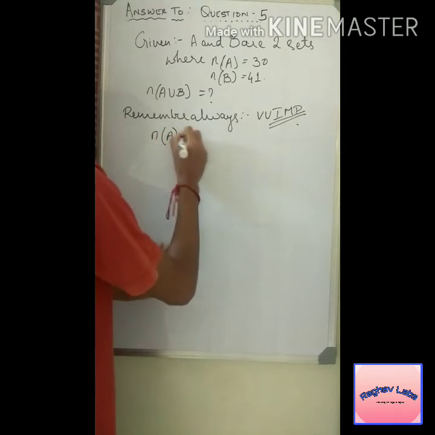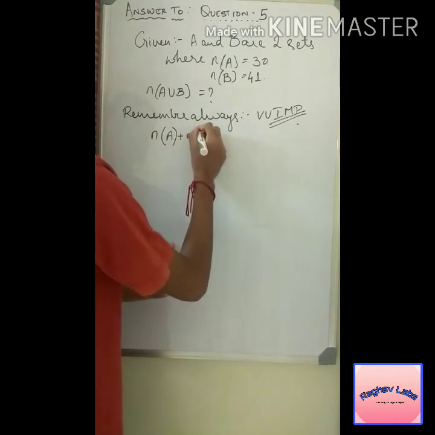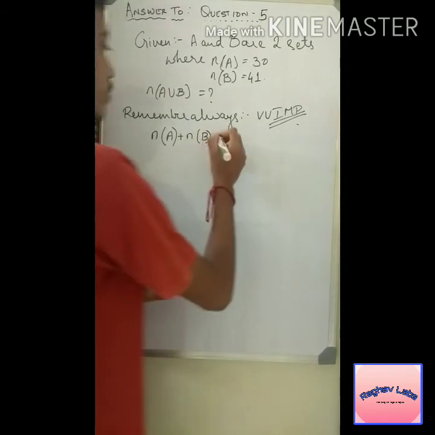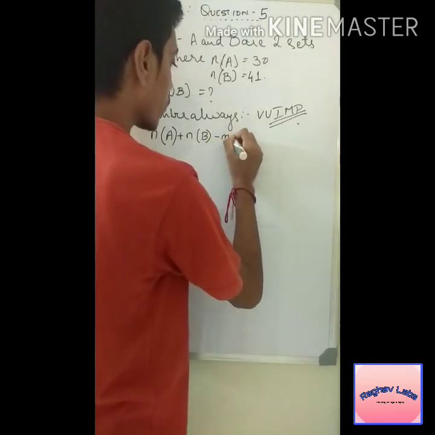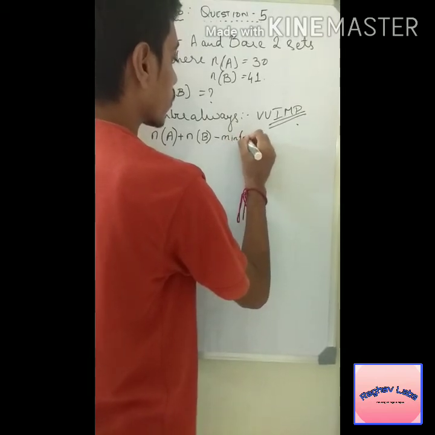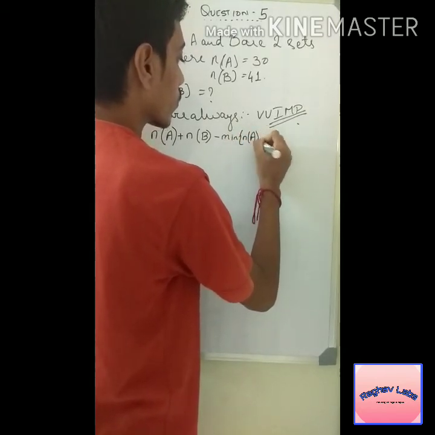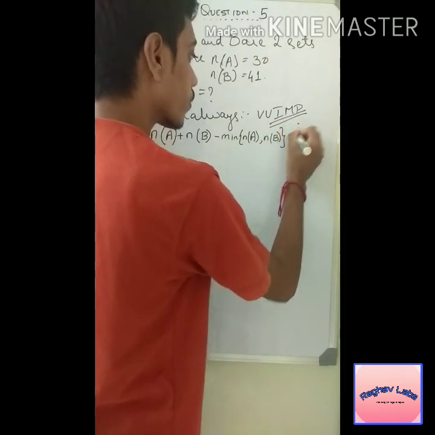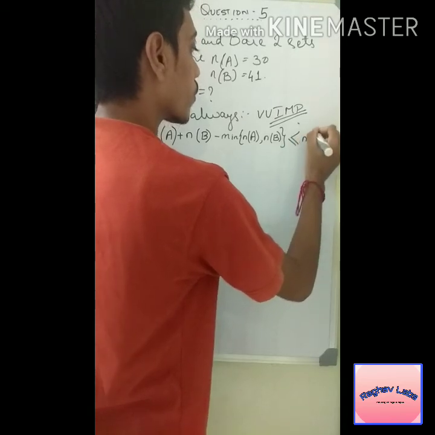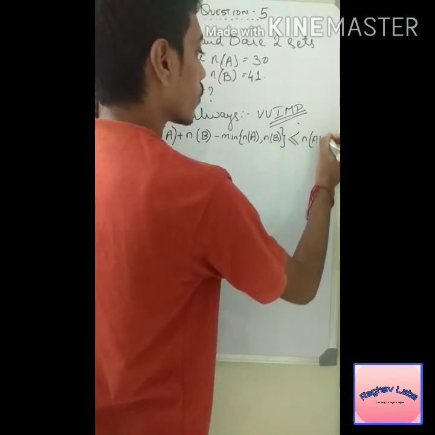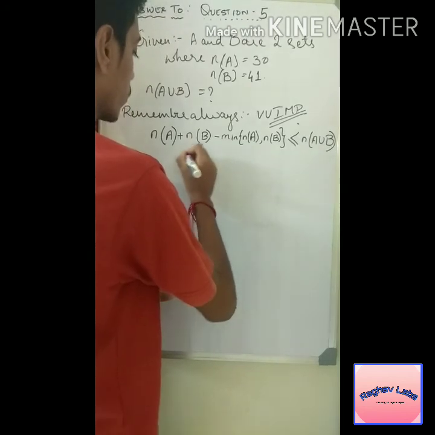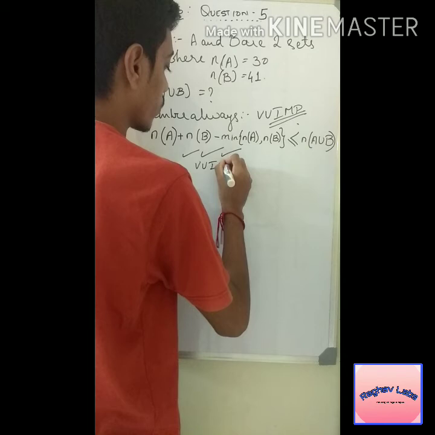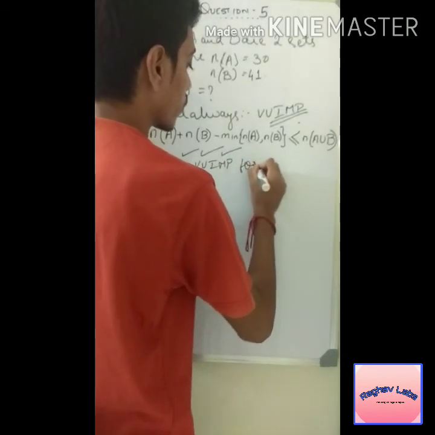N of A plus N of B minus minimum of N of A and N of B, the minimum of the values of N of A and N of B, is always less than or equal to N of A union B. Right? This is a very, very important formula. You have to remember this for CET.